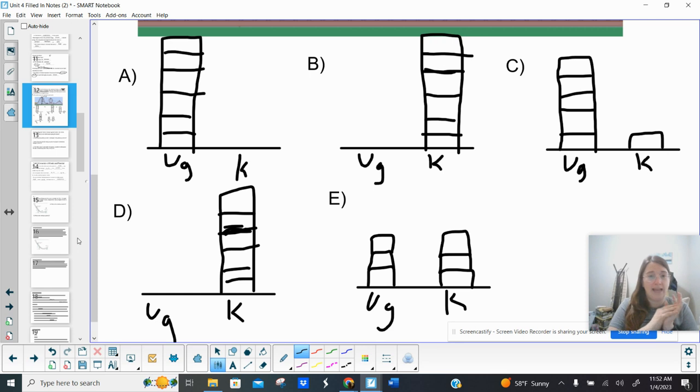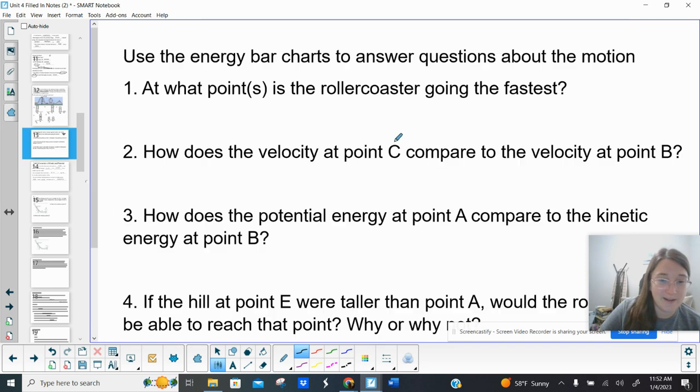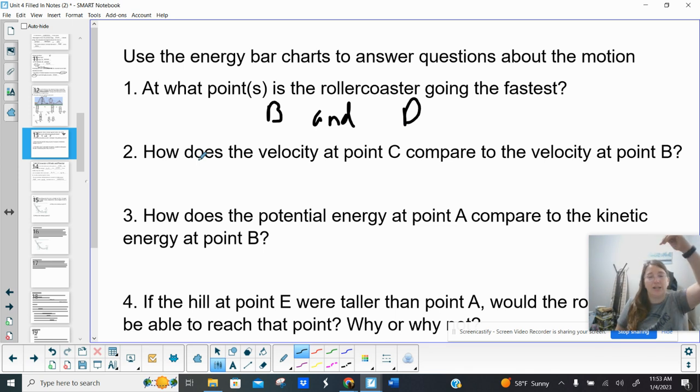So at what point, A, B, C, D, or E, is it going the fastest? Where does it have the most kinetic energy? Point B, right? B and D have to be going the fastest there because all of my potential I had from the height gets converted into kinetic at the bottom. That's where it's going the fastest.